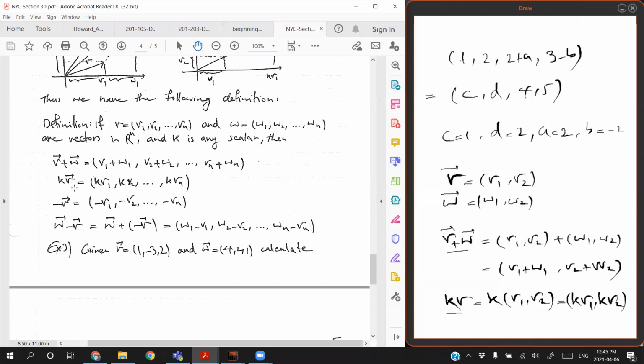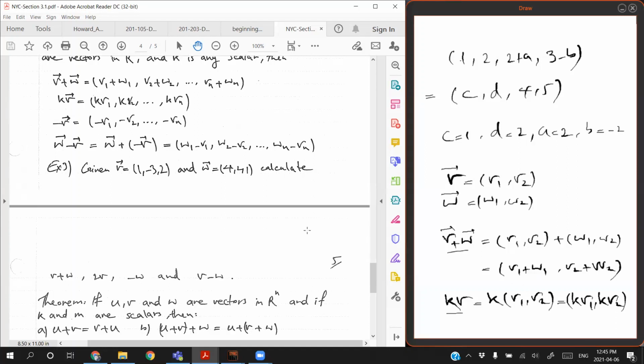You have to multiply k by every component of the vector. This is how you negate a vector. You multiply -1 by every component. And this is how you subtract. In order to subtract v from w, you need to add -v and w. So it's going to end up being w1 minus v1, w2 minus v2, all the way to wn minus vn.